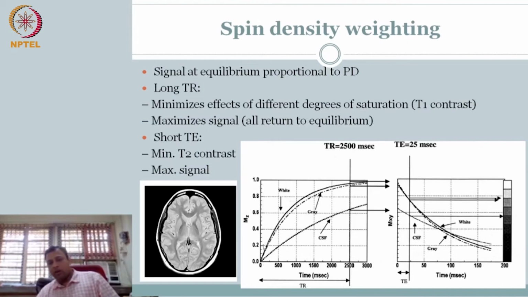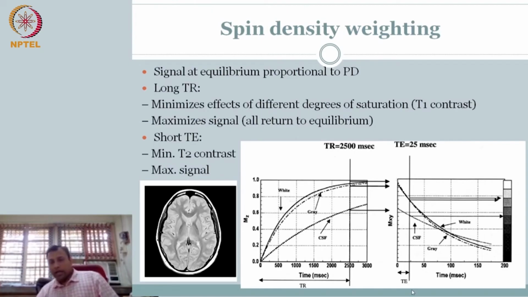I have allowed each of them to reach their maximum equilibrium value. Now TR is maximum, and I push this to the floor. MZ comes to the floor. The immediate signal starts at the maximum, and then it dephases and therefore goes down.